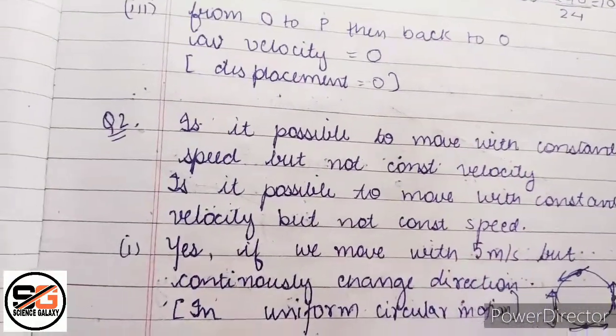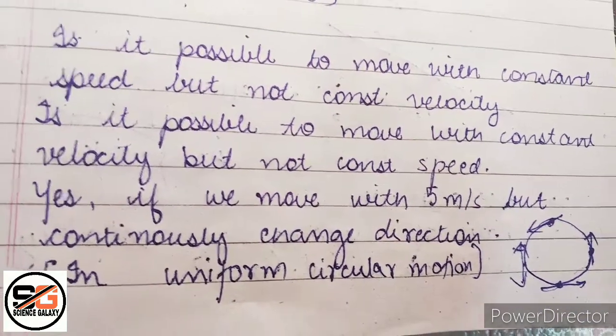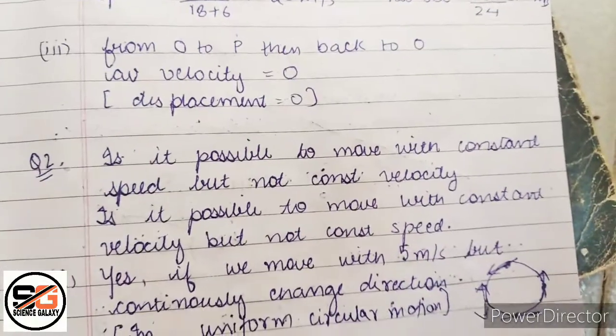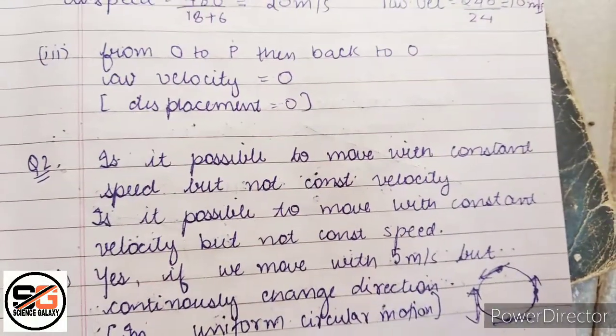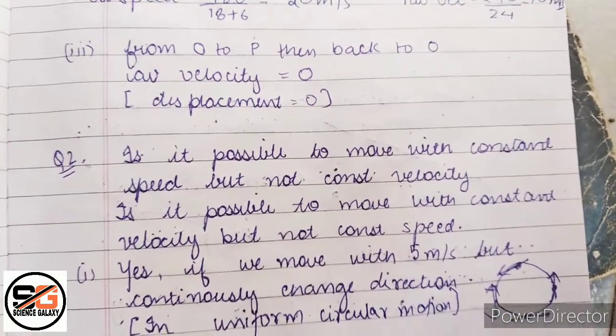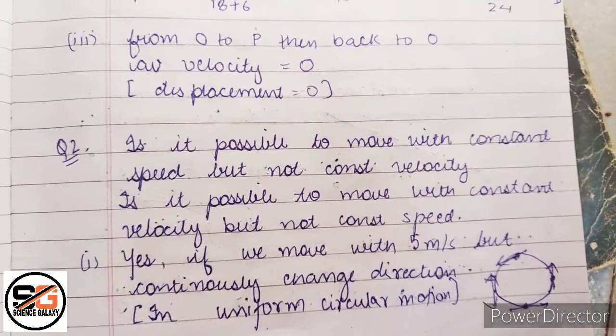Now the second question: is it possible to move with constant velocity but not constant speed? Velocity depends on two things, magnitude as well as direction. Constant velocity means we would have the same magnitude and the same direction.